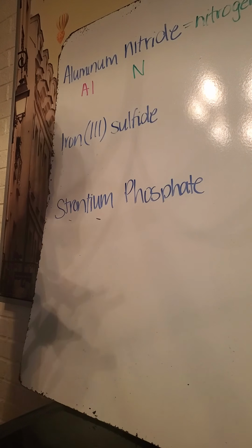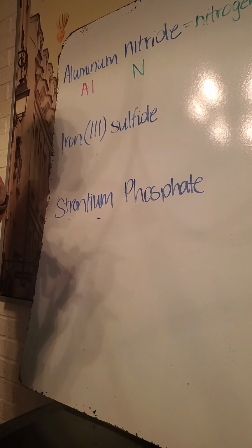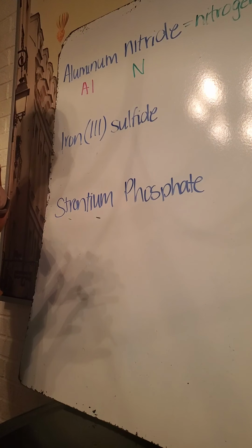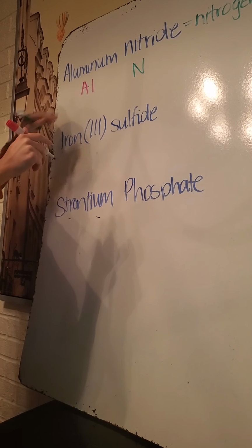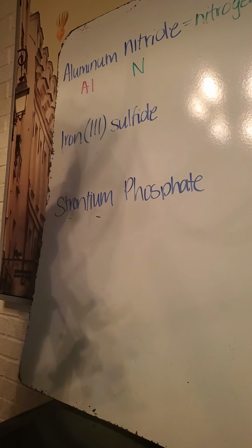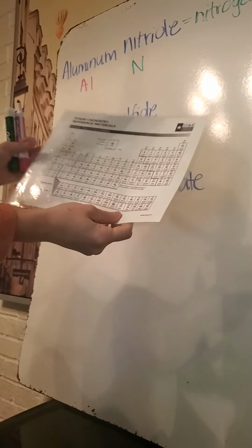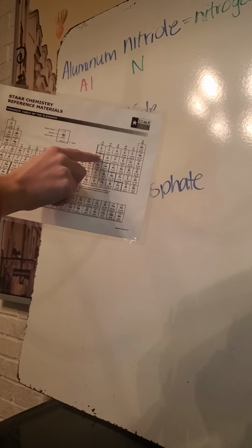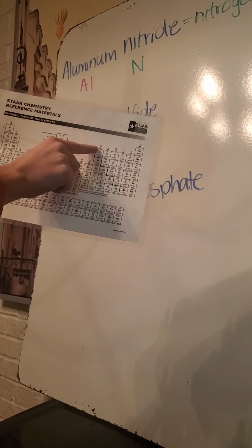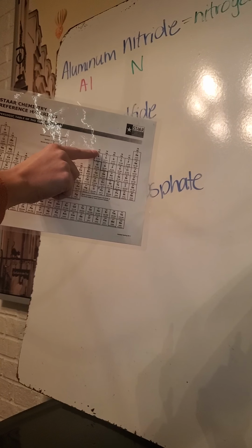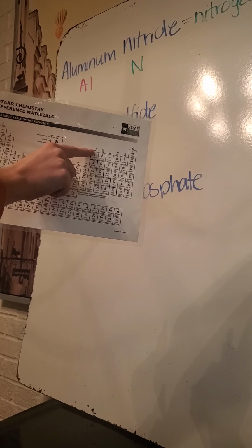So what we're going to do next is look on the periodic table and find aluminum. Looking at our periodic table, we see aluminum is over here in group 13. If you're looking, see that 3A at the top?